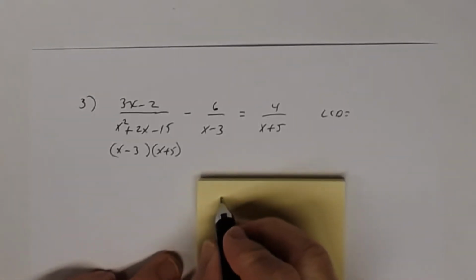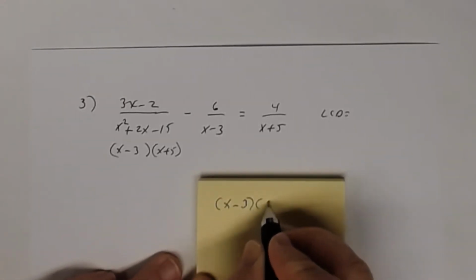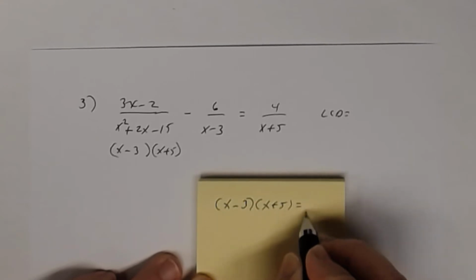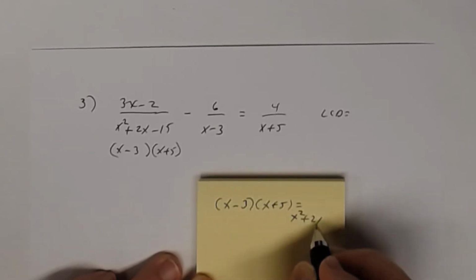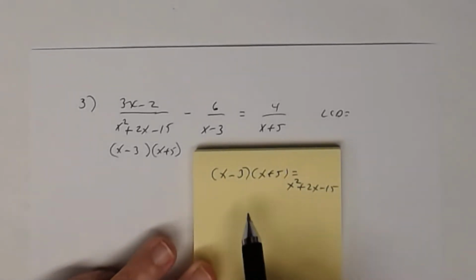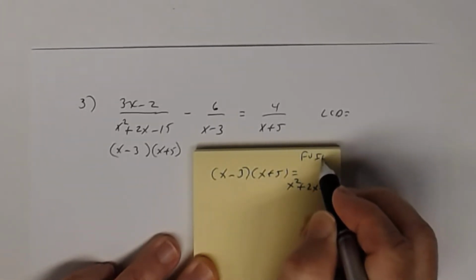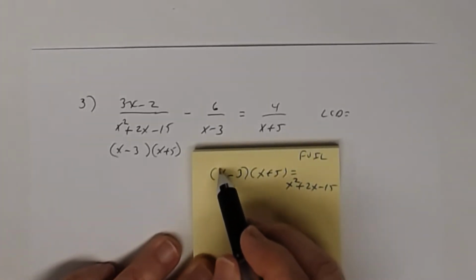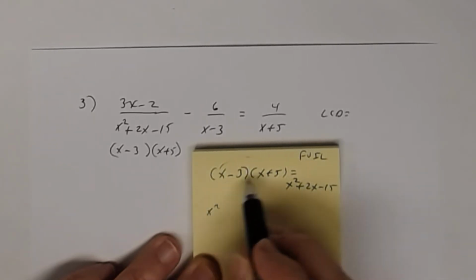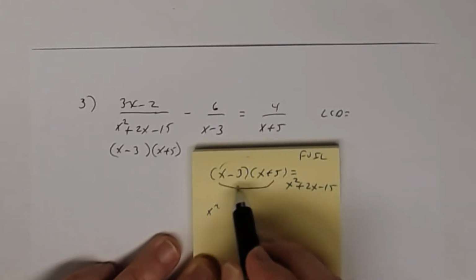So let's check to see if x minus 3 times x plus 5 is equal to x squared plus 2x minus 15. So we're going to use the FOIL method, F-O-I-L. So remember FOIL. First times first, so x times x is x squared. O is the outer, so if I look at the outer, x times 5 is 5x.